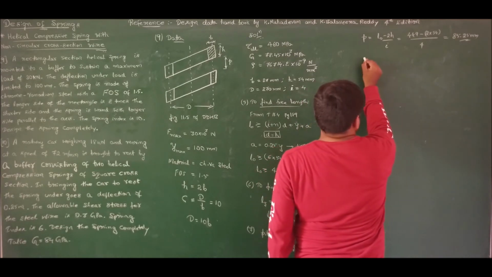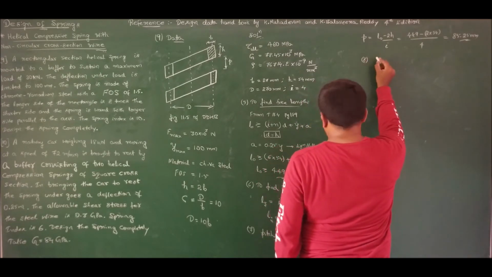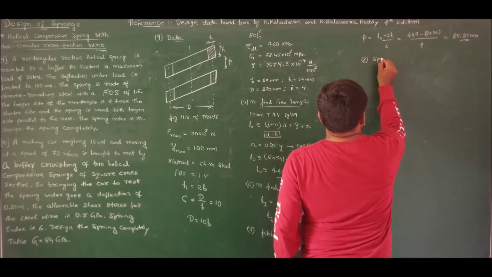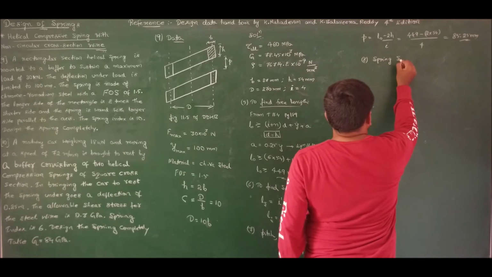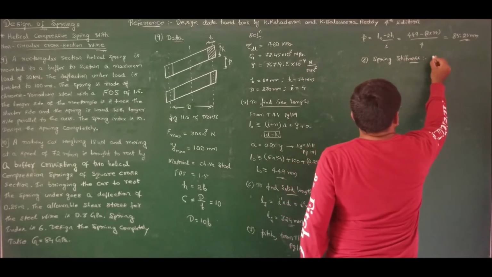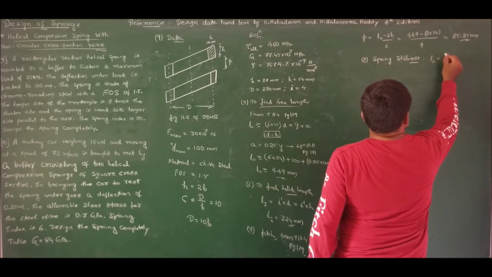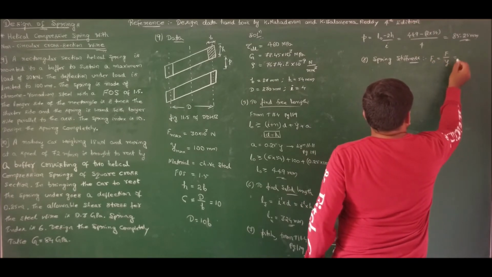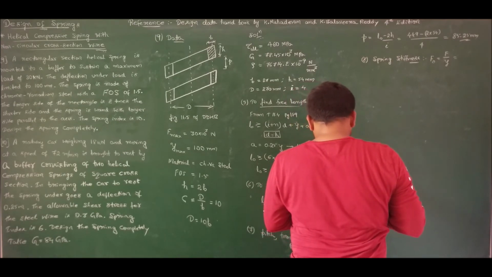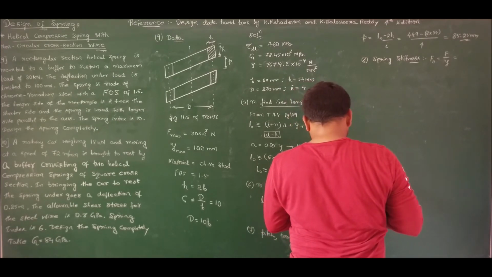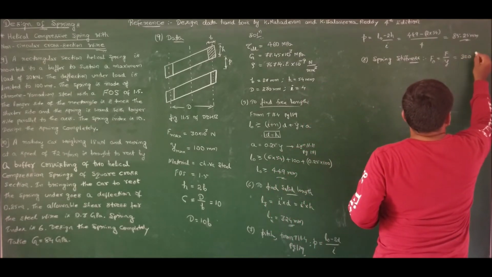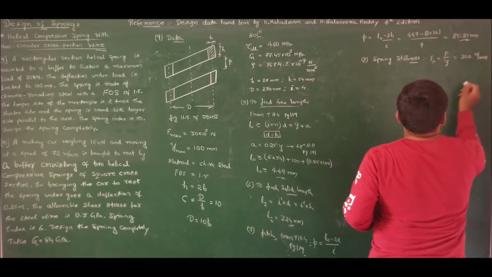Next, moving for step number 8. Step number 8 is to find spring stiffness. We know that spring stiffness F naught is equal to F by y, that is 30 kilonewtons divided by deflection 100, which is nothing but 300 newtons per millimeter.